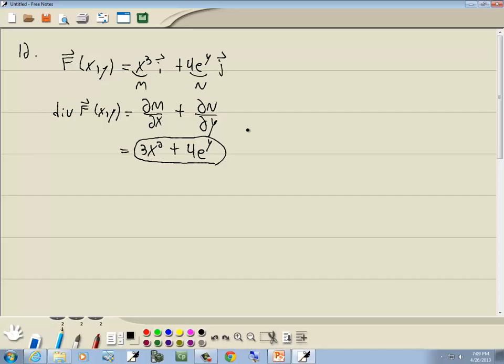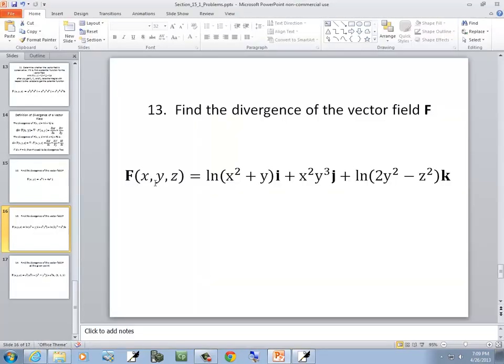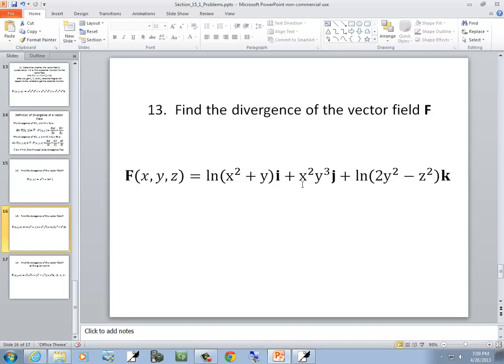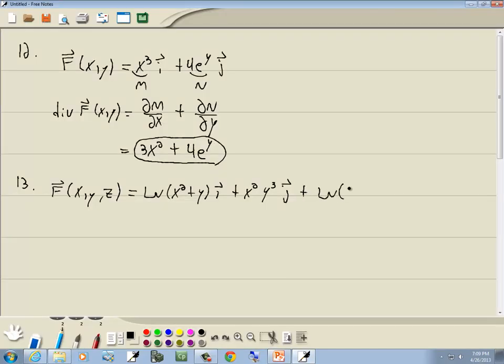Let's take a look at this one. Our vector field, we've got 3 dimensions here, is equal to the natural log of x squared plus y i, plus x squared y to the third j, plus the natural log of 2y squared minus z squared k.